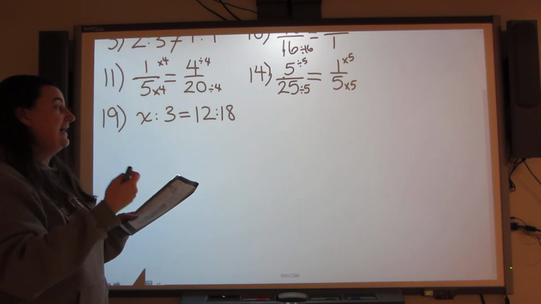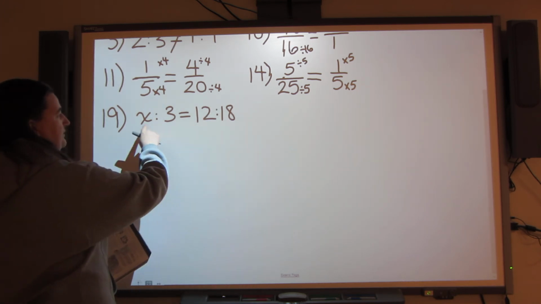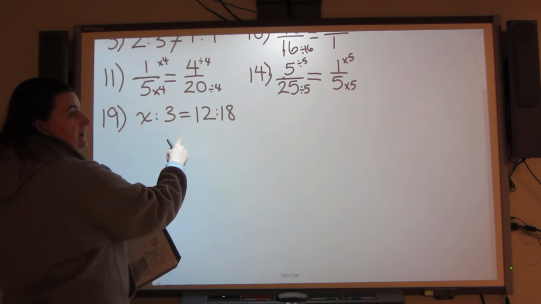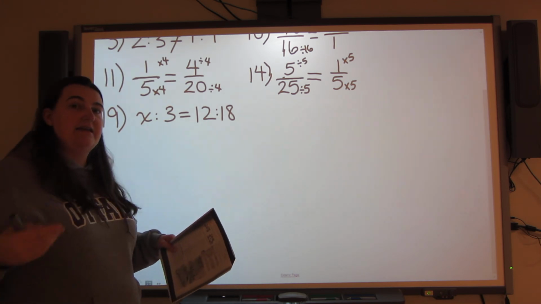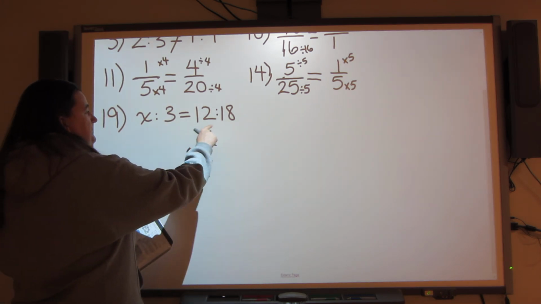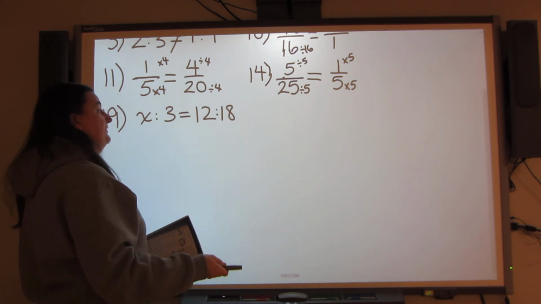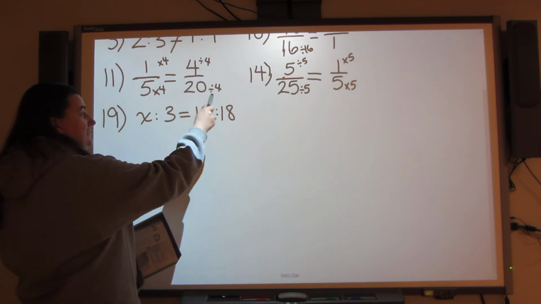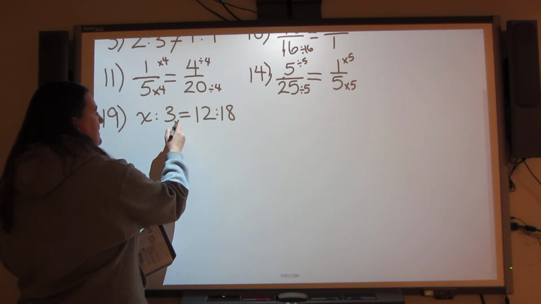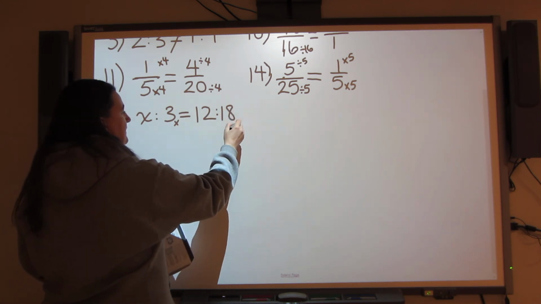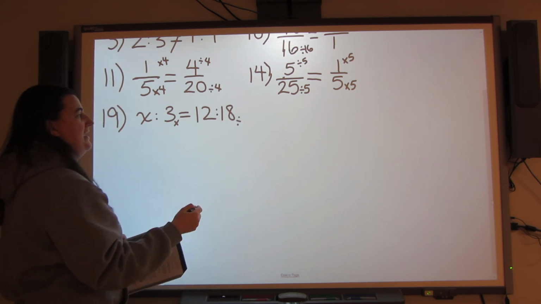So again, what's the relationship between x and 12? We don't know, because we don't know what x is. X is the empty box. What's the relationship between 3 and 18? That we can figure out. When you're going from smaller to bigger, you're going to times. When you're going from bigger to smaller, you're going to divide.